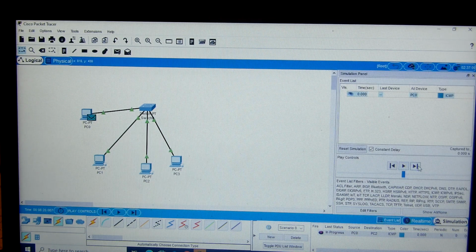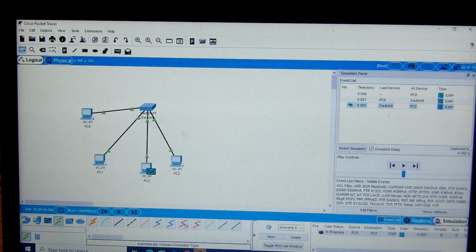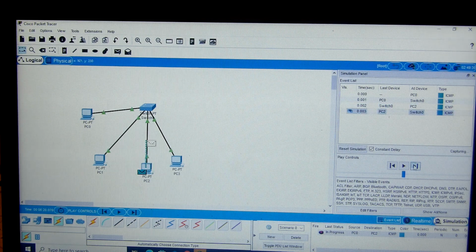But let's see how it travels. It goes to the switch and then goes exactly to which PC. This one has to know the IP address of this one, as we talked about before. The switch just sends it to the place that it needs, but in a hub, you know, it goes everywhere and then comes back here again.